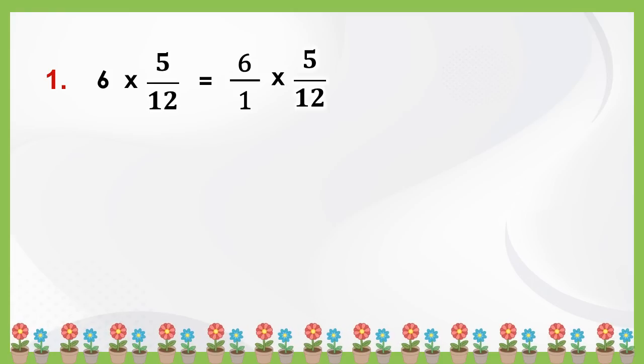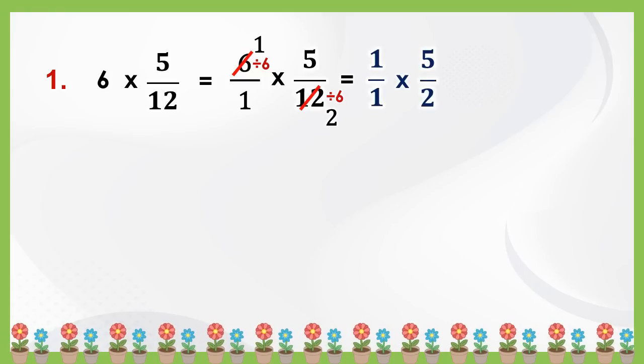The pair of numerator and denominator that have common factor is 6 and 12. The common factor is 6. Now divide. 6 divided by 6 equals 1. 12 divided by 6 equals 2. The new fraction is 1 over 1 times 5 over 2.